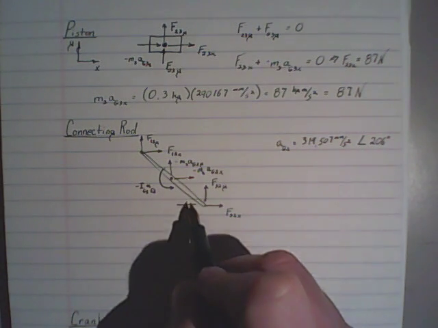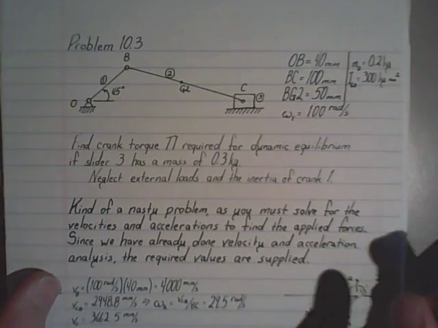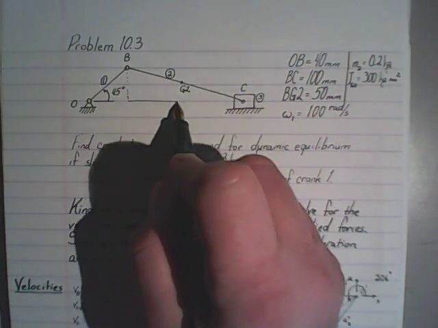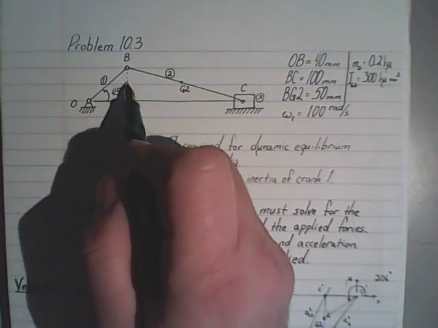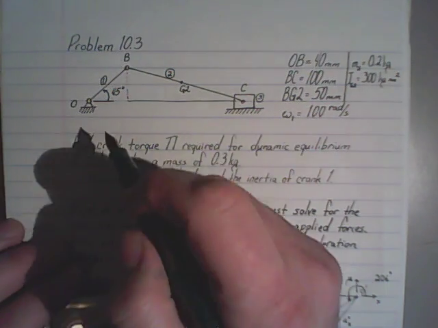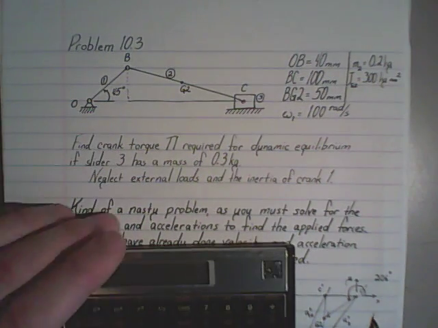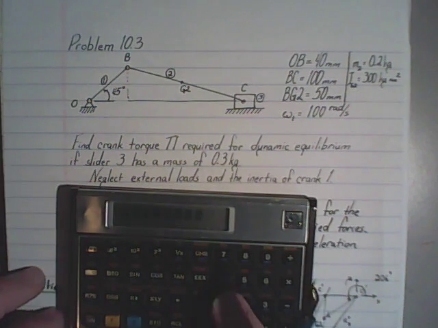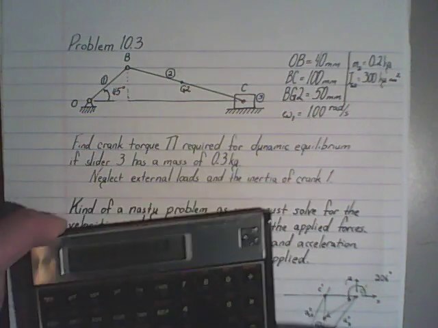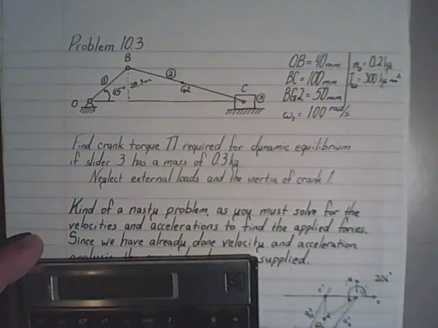The ConRod itself is also at an angle. Going back to the original sketch, we can figure out what that angle is. We recognize that this is a right triangle whose height on this leg is defined by the right triangle formed by the crank. The height of that leg will be the sine of 45 degrees times the length of OB, which tells me that this length is 28.3 millimeters.